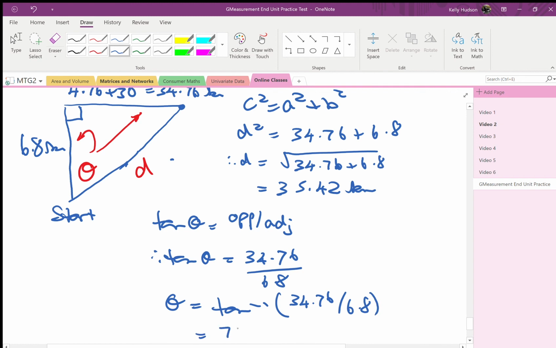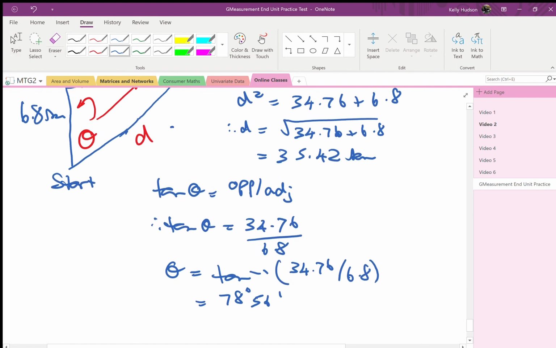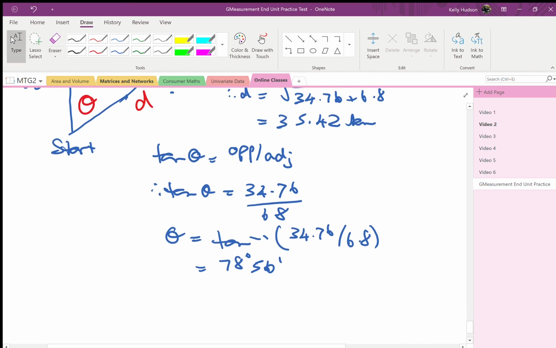And that gives me 78 degrees and 56 minutes. But once again, you might get 78 point something degrees. That's okay for an answer. That's perfectly right. Now that's not my final answer for my bearing. I need to turn that into a form I know.